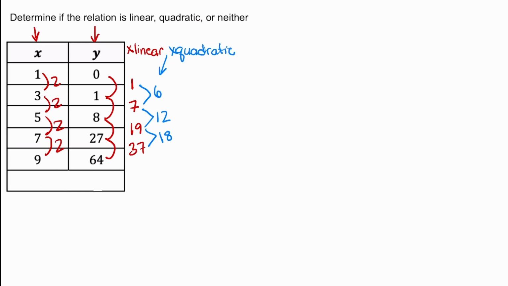So it is neither. If we look at these values, we notice that the difference of the quadratics is 6. What that actually means is that this is a cubic. We don't need to know that for quadratics. That's just a side note.